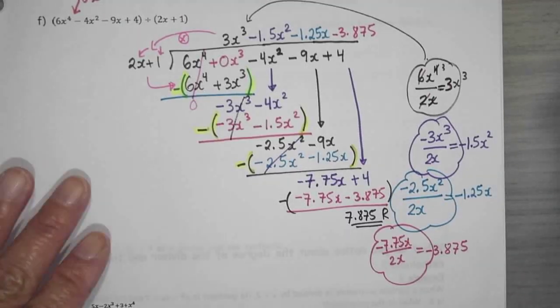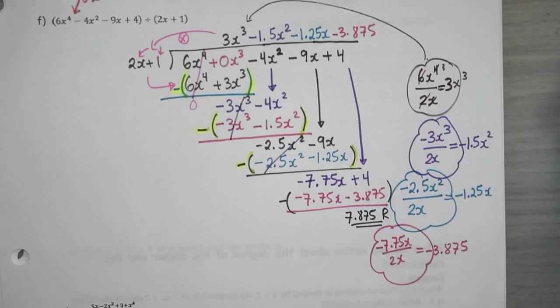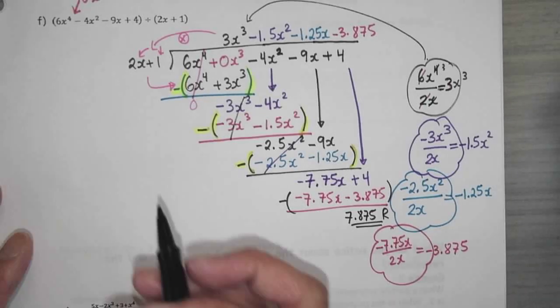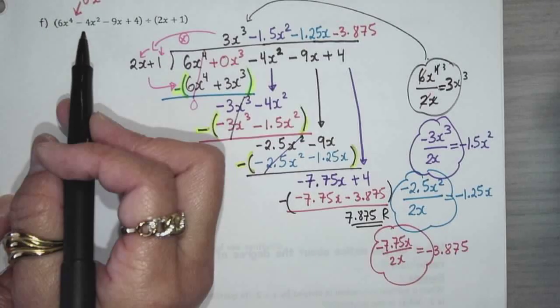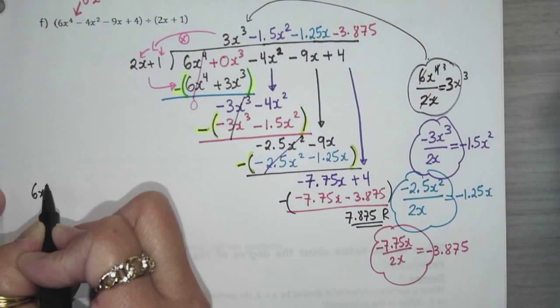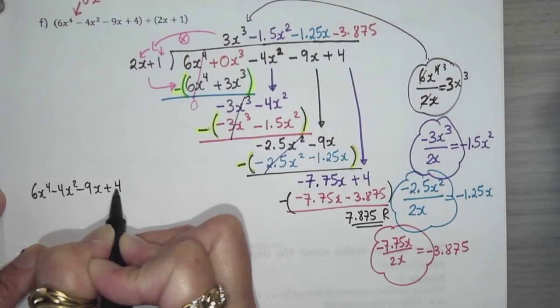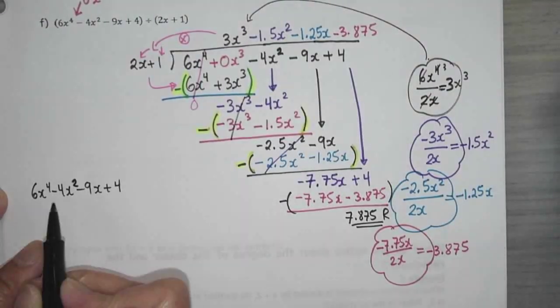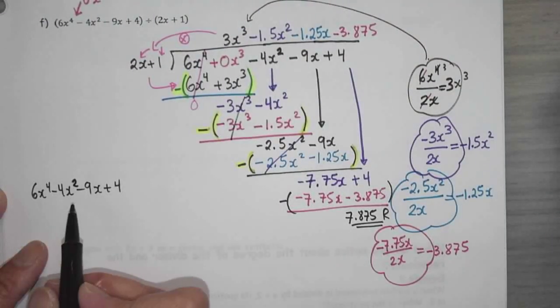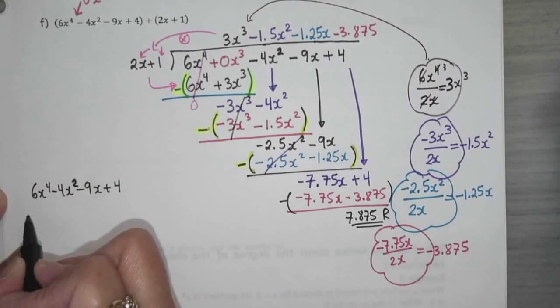Okay? Because it's question F of that same example, it's asking me to put it in as a multiplication statement. So you go dividend, so 6x to the 4. Okay? You don't have to replace the 0 there, right? So you don't have to replace it when you're rewriting it.